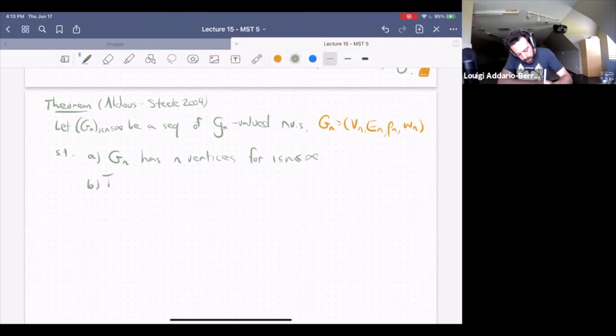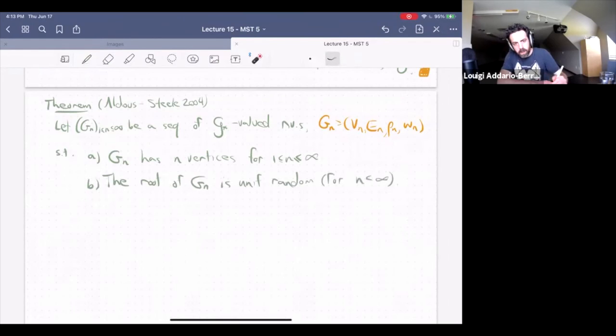And for the finite graphs, the root of G_n is uniformly random. What does it mean to say the root is uniformly random? You can think of that as equivalently saying, if you pick a uniformly random vertex and reroot at that vertex, then you don't change the distribution.